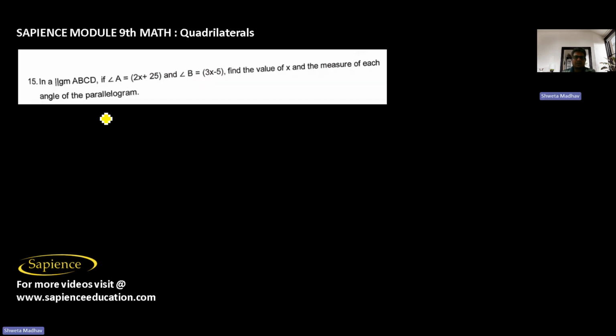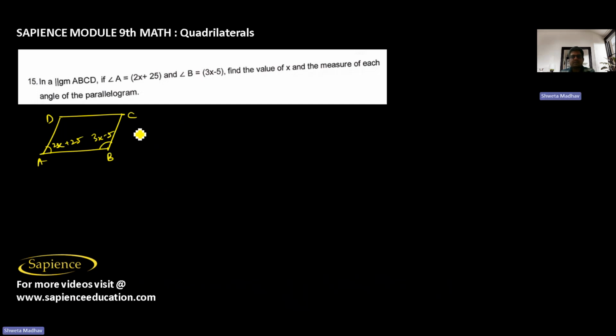And here it is told, in a parallelogram ABCD, angle A is equal to 2x plus 25 and angle B is equal to 3x minus 5. Then find the value of x and the measure of each angle of the parallelogram.